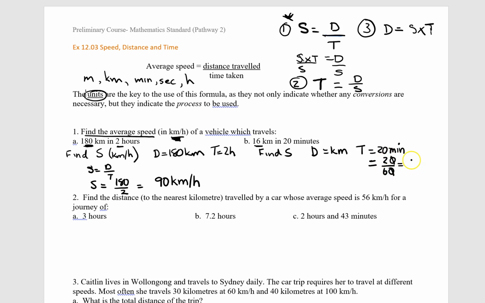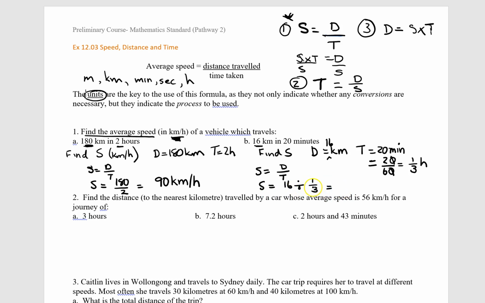And 2 on 6 is 1/3 of an hour. Now, our formula for speed is distance divided by time. Our distance was 16. And we want to divide it by 1/3.